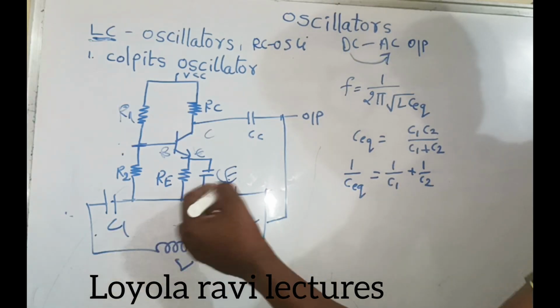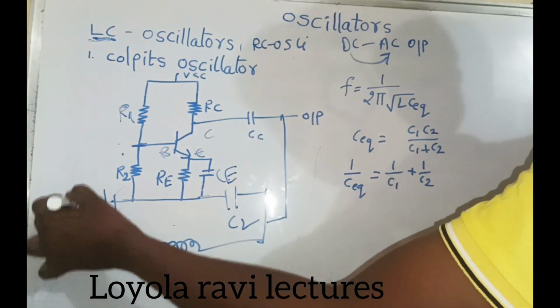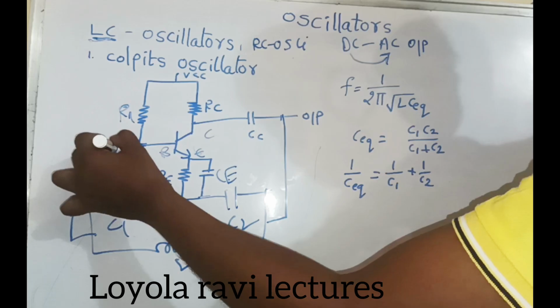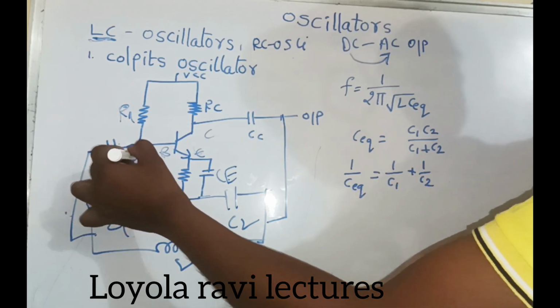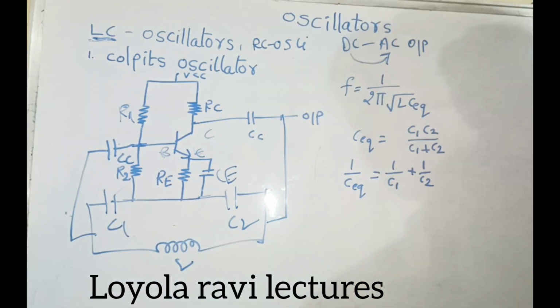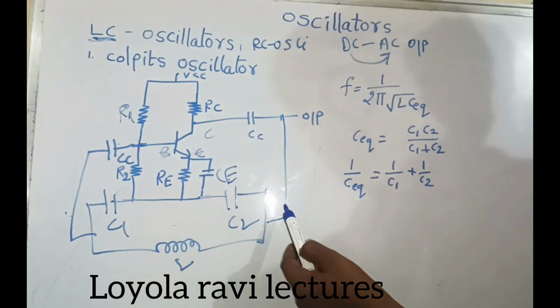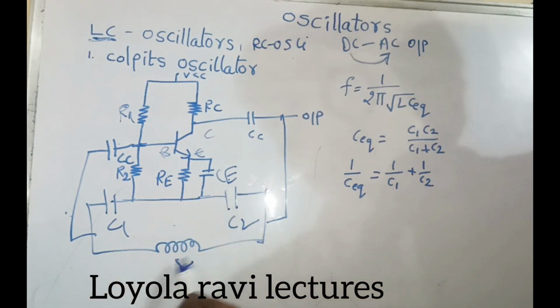In between output and input we use one feedback network, that is the LC network. This is CC, the coupling capacitance at the input side.